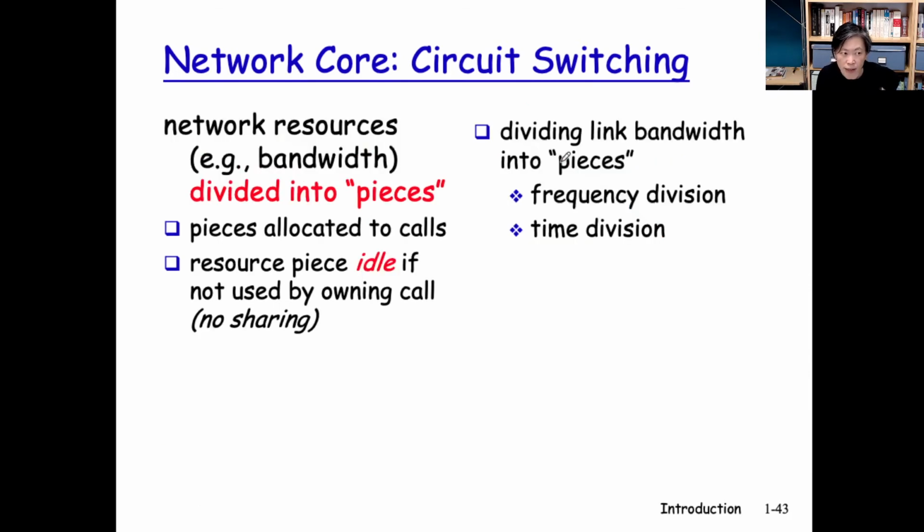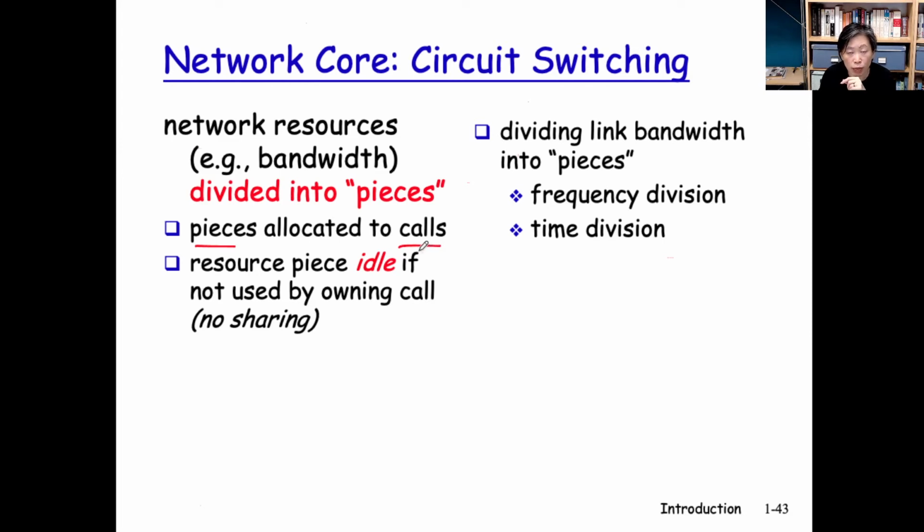Another downside is this. The way we are allocating or reserving resources over the entire path from the two ends of data communication is more. We divide the link bandwidth into smaller pieces. We divide the switch capacity also into smaller pieces. And once we do that, we allocate individual pieces or combinations of pieces to an individual circuit or individual call.